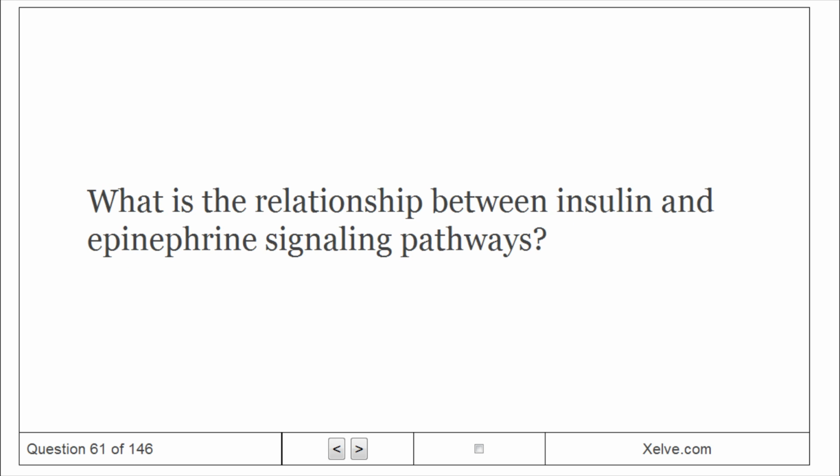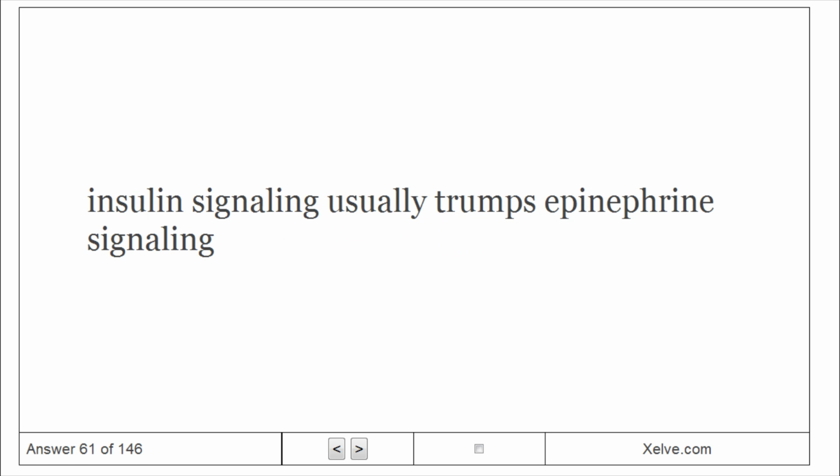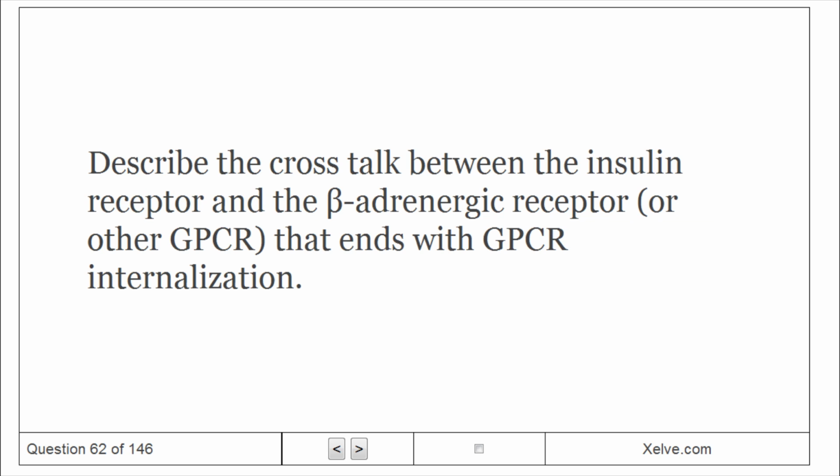What is the relationship between insulin and epinephrine signaling pathways? Insulin signaling usually trumps epinephrine signaling. Describe the crosstalk between the insulin receptor and the beta-adrenergic receptor, or other GPCR, that ends with GPCR internalization.